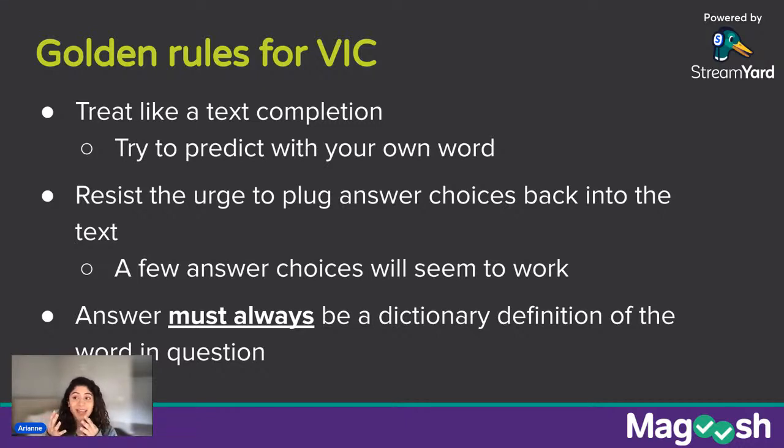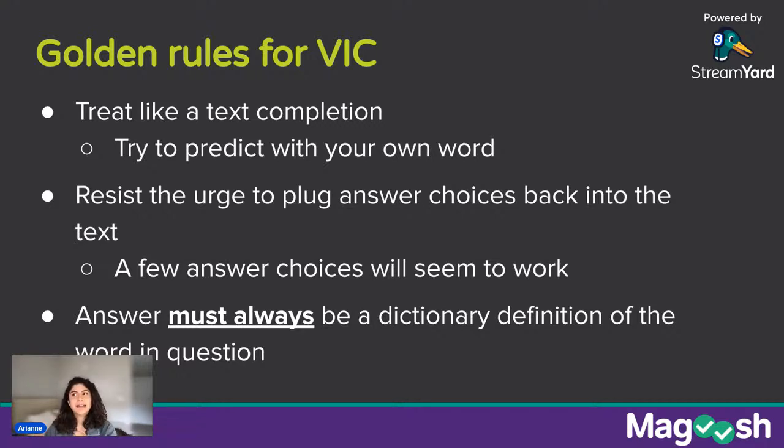Well, I want you to treat it like a text completion question, which will sound weird because these questions, as you saw, the structure, they don't look like text completion at all. Usually those you have a fill in the blank and they're just 1 sentence or 2 sentence long text or excerpts, right?